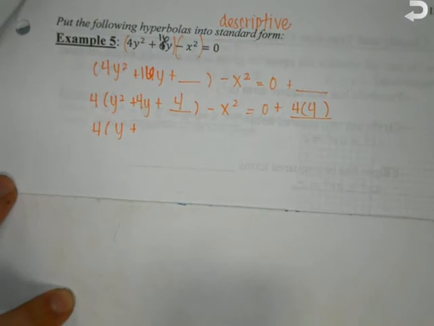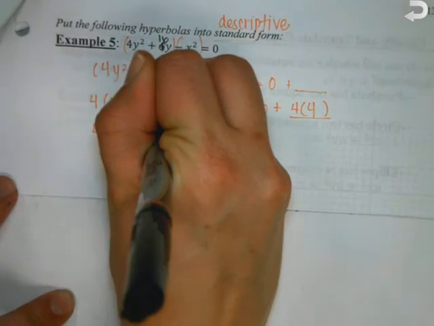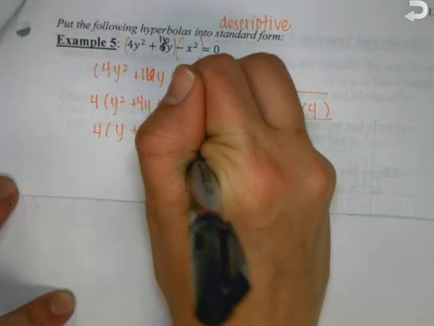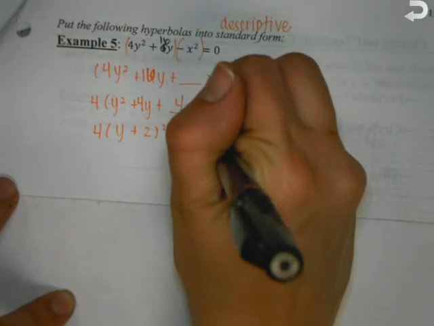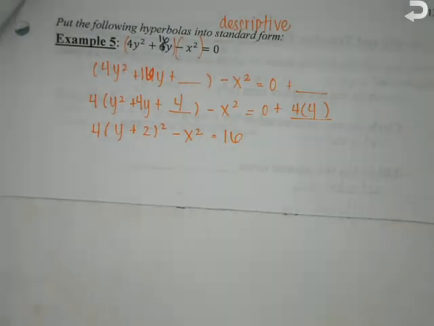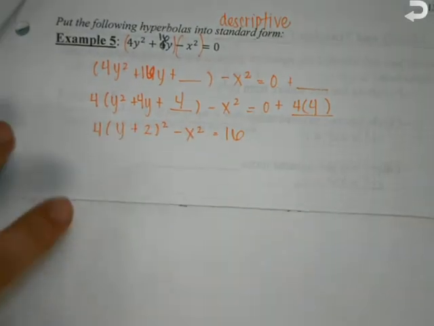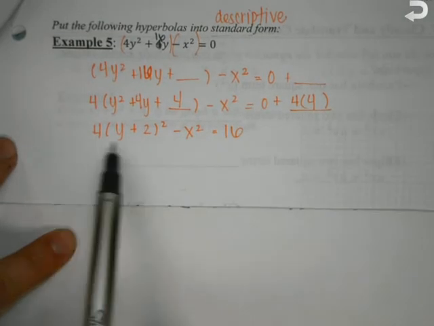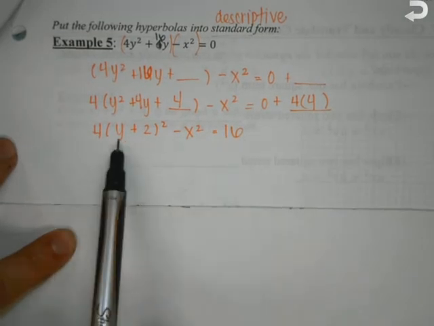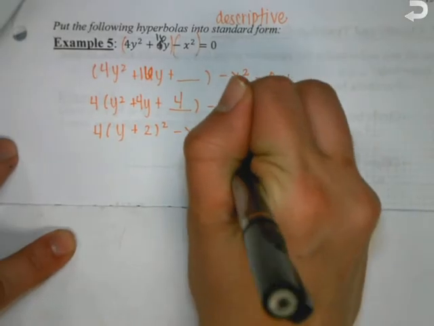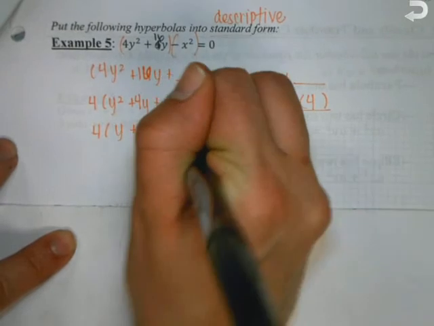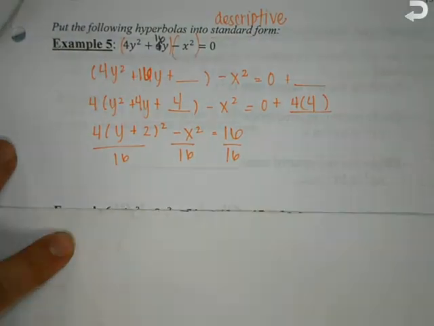What do we have to do next? Divide by 16. Now remember, this is standard form, the way it's written right now. I want it in descriptive, so divide everything by 16. And that is going to give me y plus 2 squared all over 4 minus x squared over 16 equals 1.